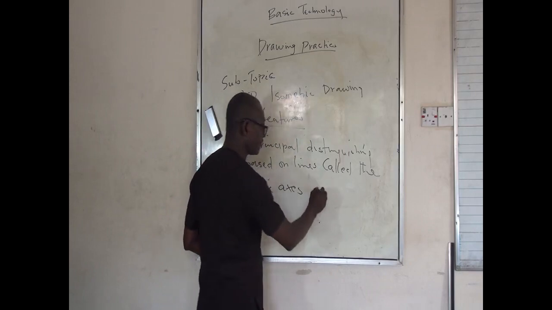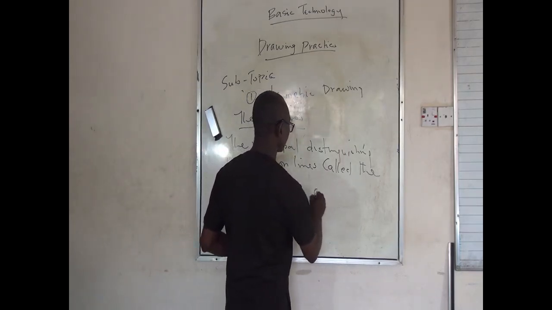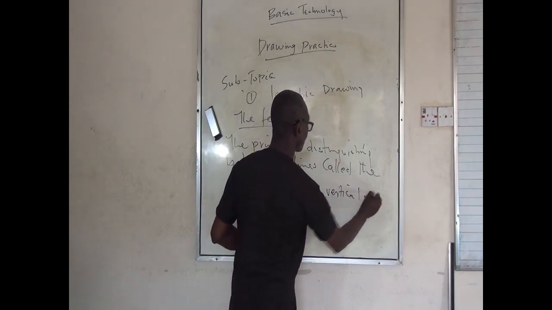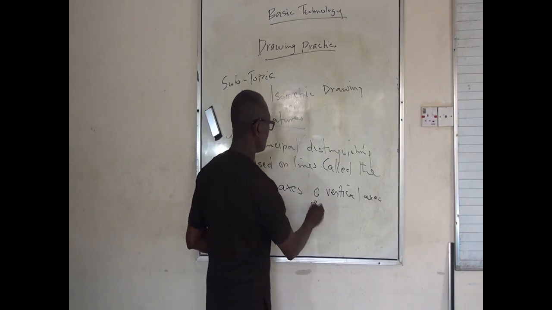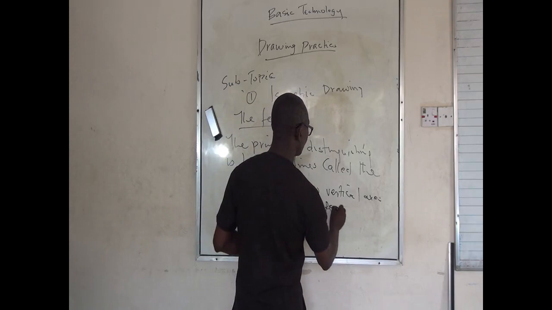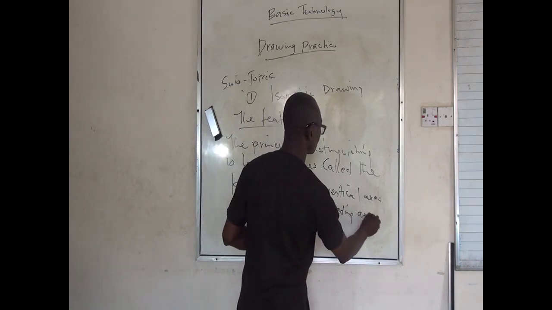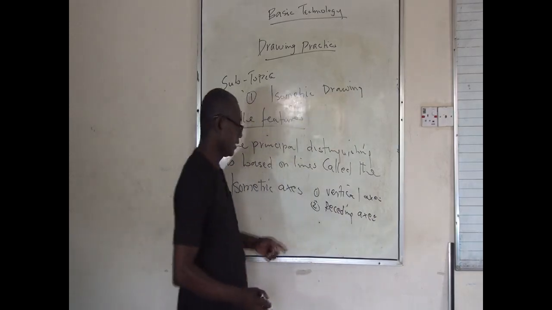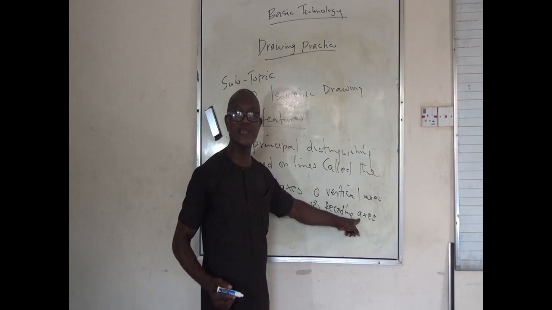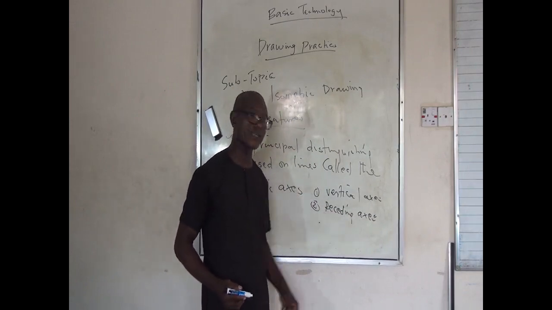Number one, we have the vertical axis. Number two, we have the receding axis. The third one is also a receding axis, but they are on opposite sides of the other axis.